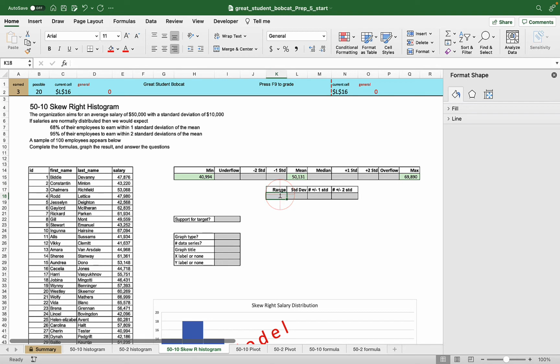All right, the range is equal to the max minus the min, and the standard deviation, STDEV.S.